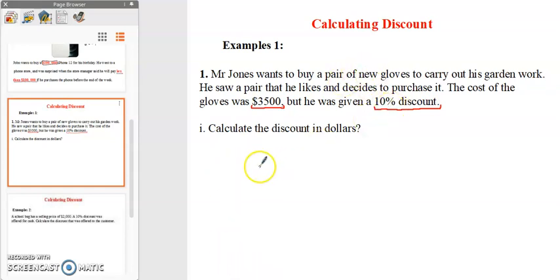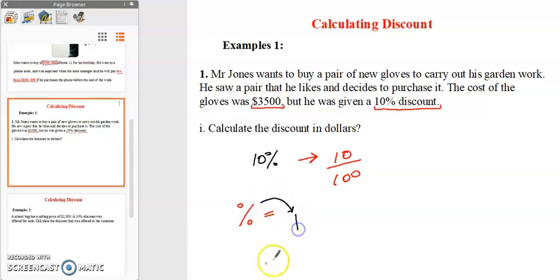So 10% discount, and 10% actually represents 10 out of 100, right? Because look at this percentage symbol, it is actually a 1, that's the 1, and 2 zeros, 0 and 0, right?